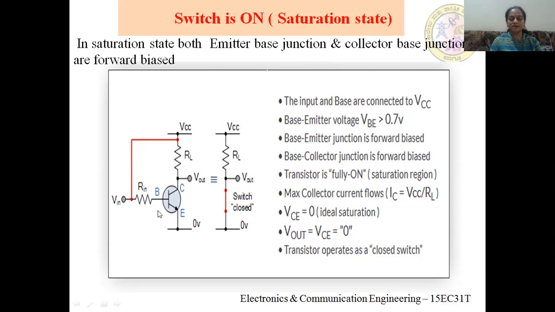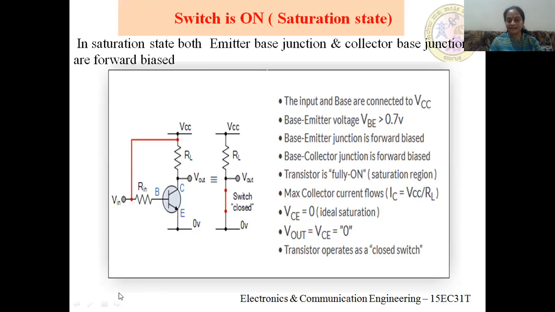The input circuit consists of base and emitter. When you apply a voltage to the base, the base emitter is forward bias and the base current flows. This in turn makes the collector current flow, and the maximum collector current flows in the saturation state.